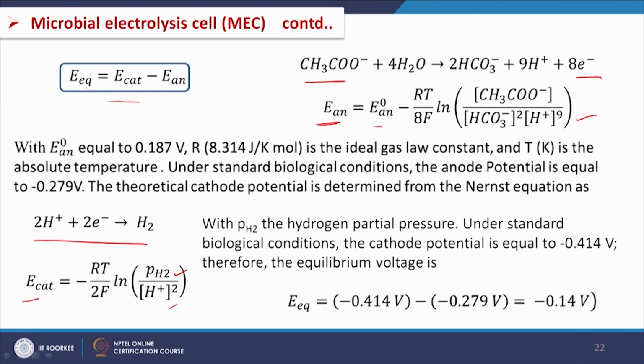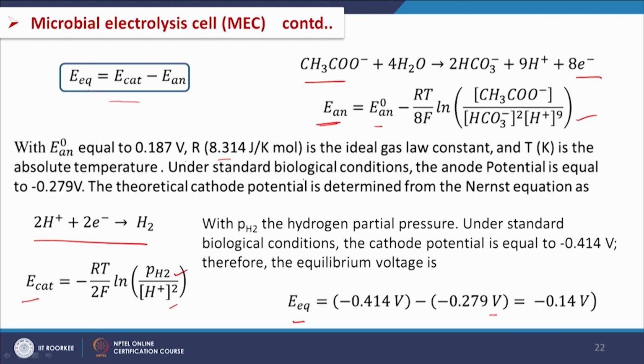So, the equivalent voltage will be cathodic minus anodic. So, minus 0.414 minus 0.279 volt, because here the E0 anode is equal to 0.187 volt, R equals 8.314 joule per kilomole kelvin is the ideal gas law constant, and T is the absolute temperature.